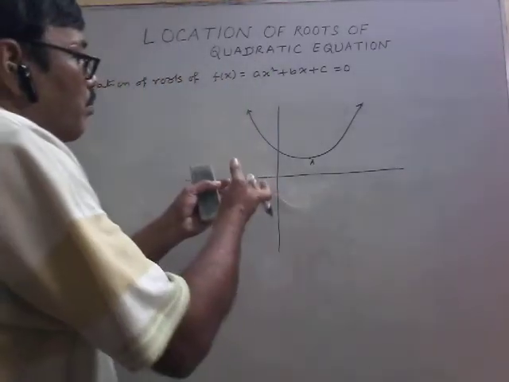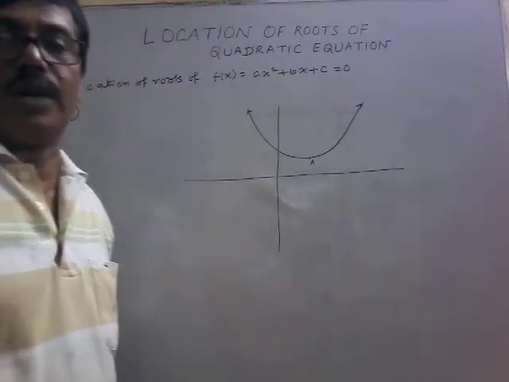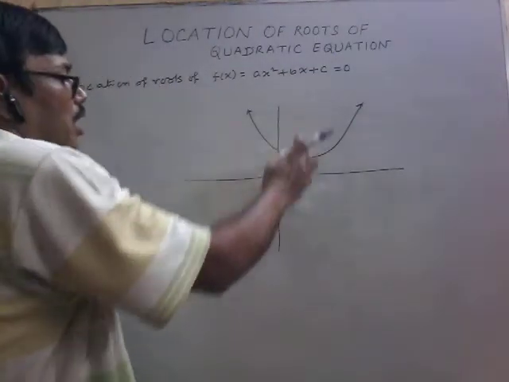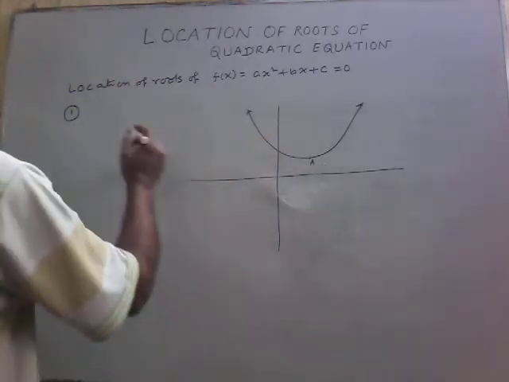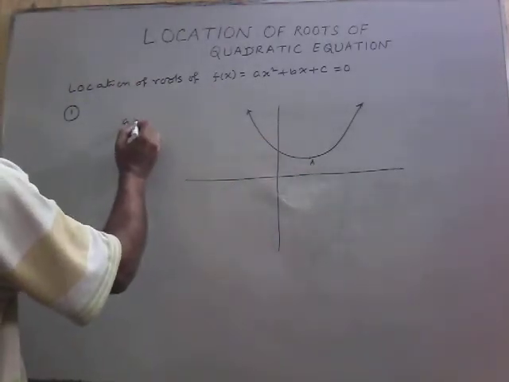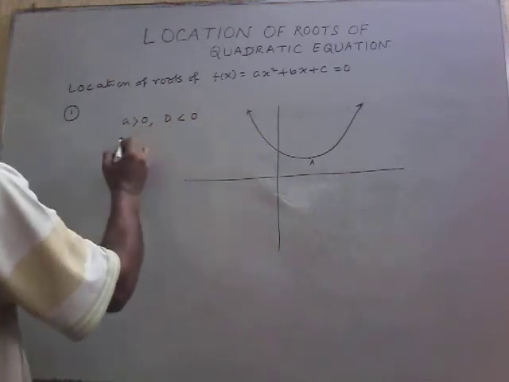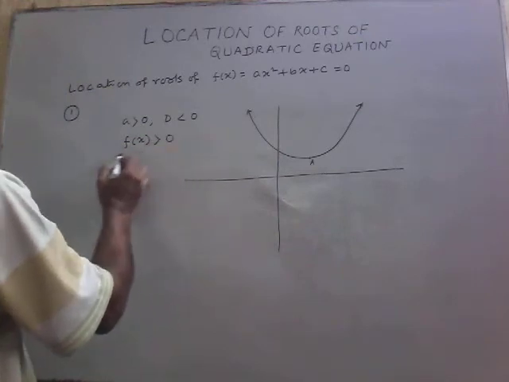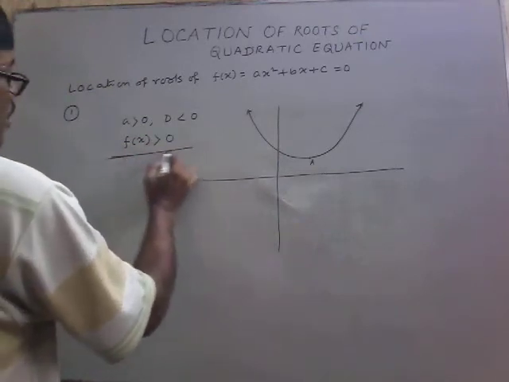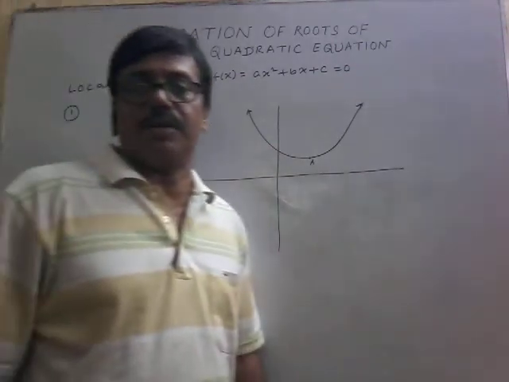And the parabola opens upwards. So for this figure, what do we get? This type of figure: a greater than 0 and D less than 0. And f(x) greater than 0. This result is to be remembered.